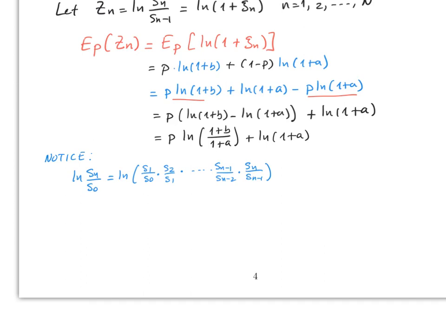It's pretty easy to see this is the case because this will cancel, and you will end up only with this over this left.